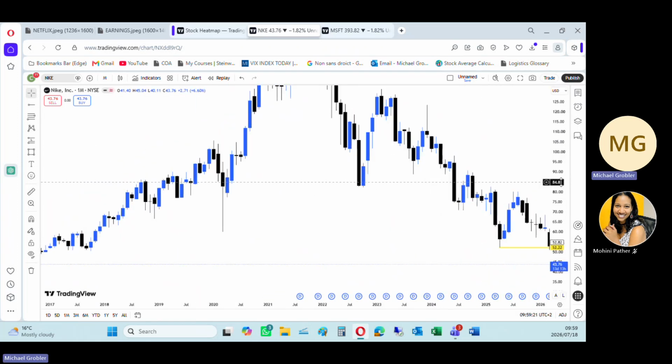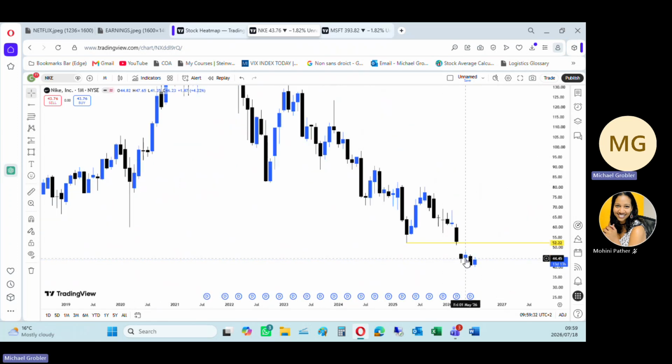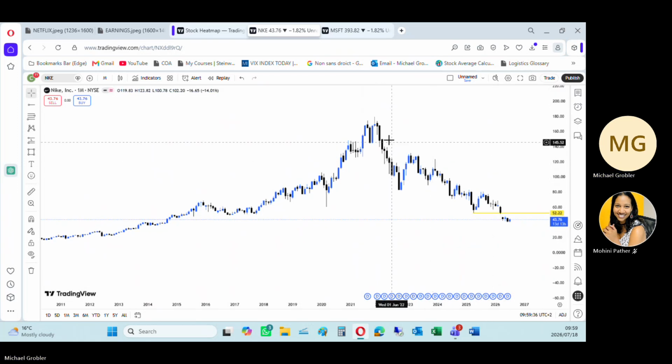And then on this black candle, on the retracement to this low, this person wants to buy. Unfortunately, it didn't work out. But it does show you that another leg of buyers has been disappointed.